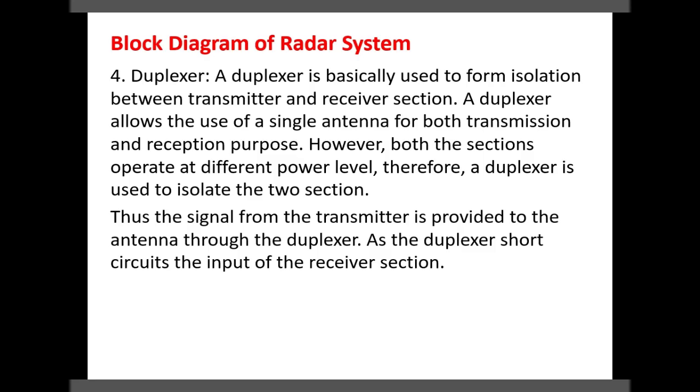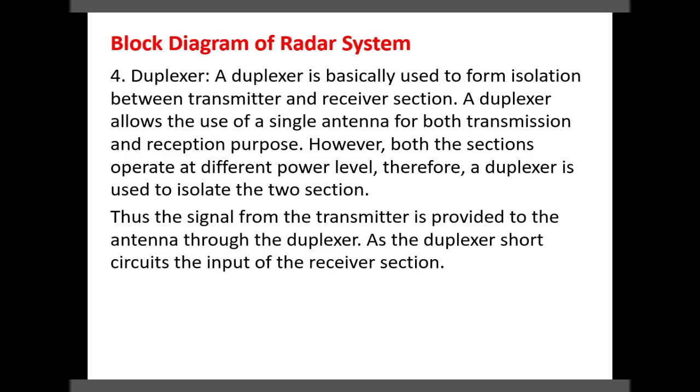Thus, the signal from the transmitter is provided to the antenna through the duplexer, and the duplexer short circuits the input of the receiver section. So when the transmitter is working, the duplexer will short circuit the receiver section, and when the receiver is working, the duplexer will short circuit the transmitter section.